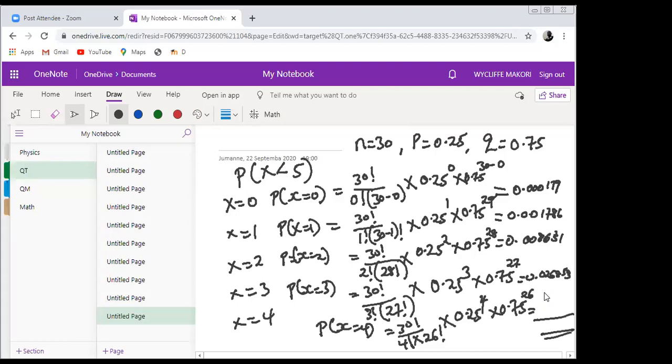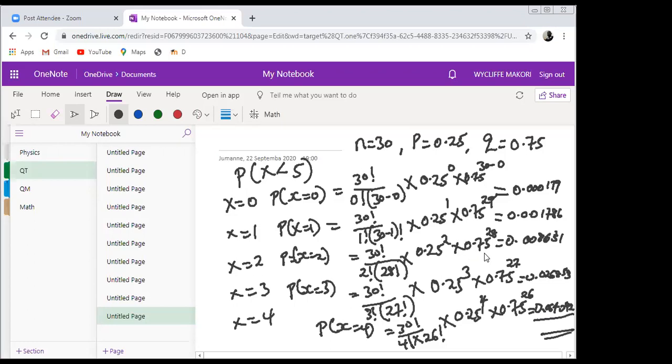Make sure it is in bracket, divide by, into bracket, 4 factorial times 26 factorial, close the bracket, times 0.25 power 4 times 0.75 power 26. You get it is going to be 0.0064042.